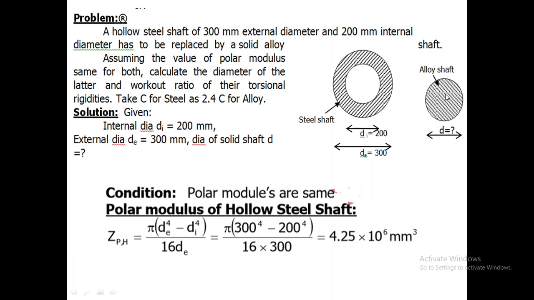So the rigidity modulus will be different for both shafts because different materials are used. The rigidity modulus for steel is given as 2.4 C for alloy, so the rigidity modulus of steel is 2.4 times the rigidity modulus of the alloy.